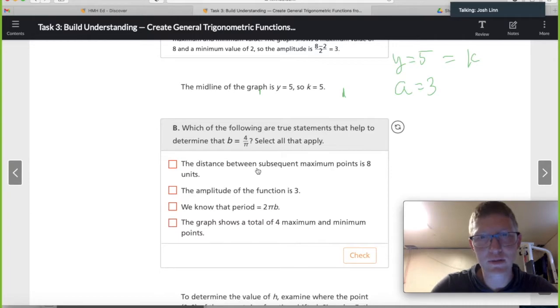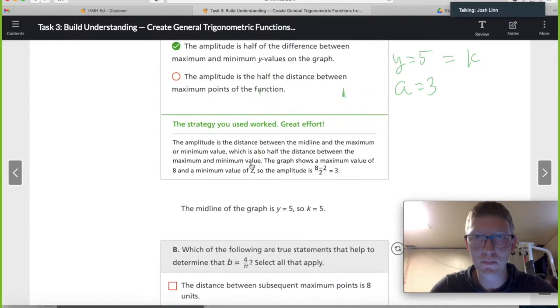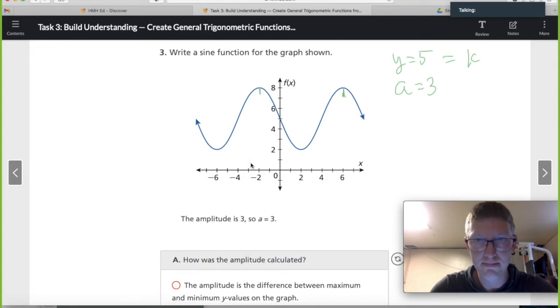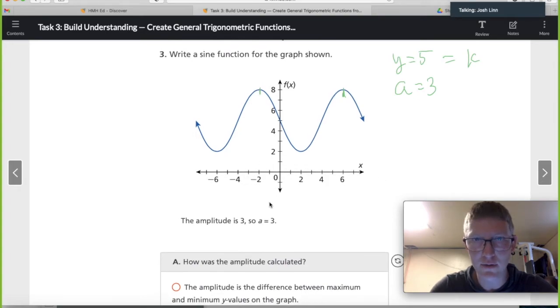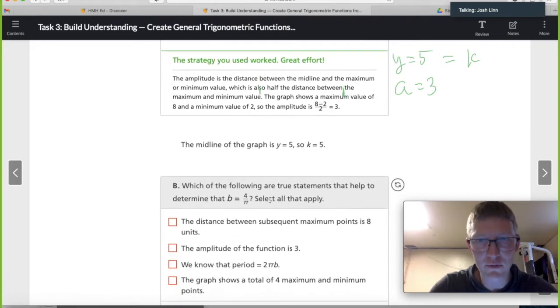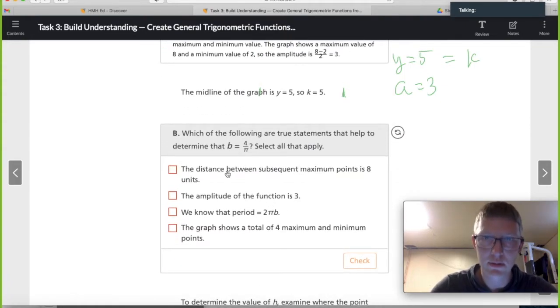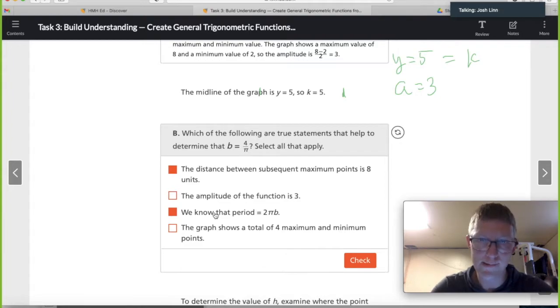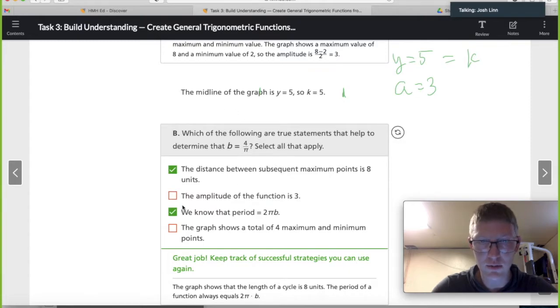The distance between subsequent maximum points is 8 units. I'll agree to that. We got a positive 6 over here, negative 2. 6 minus negative 2 is 8. And we know that the period is 2 pi times b, which has to equal 8. And then we do algebra.